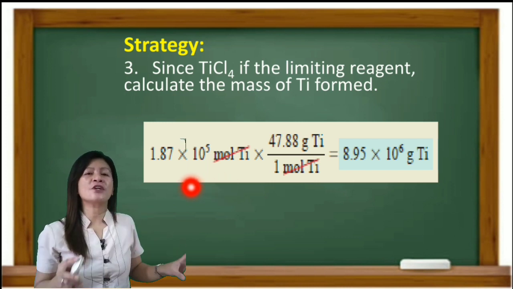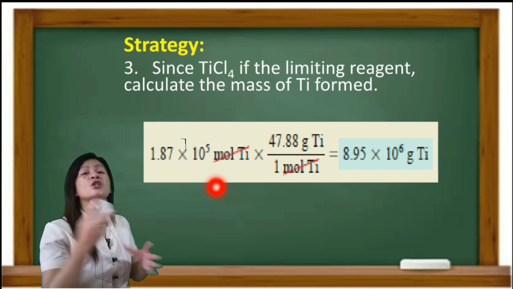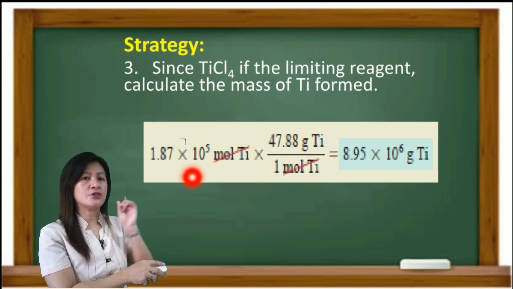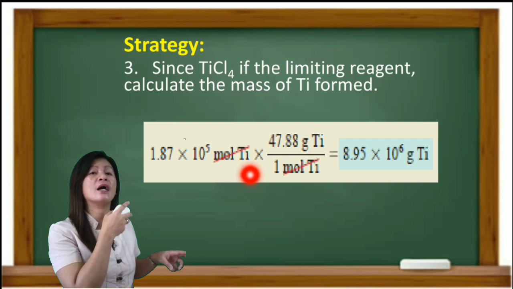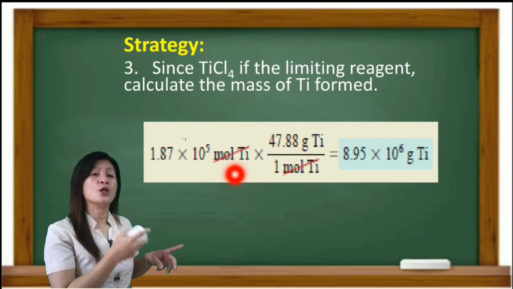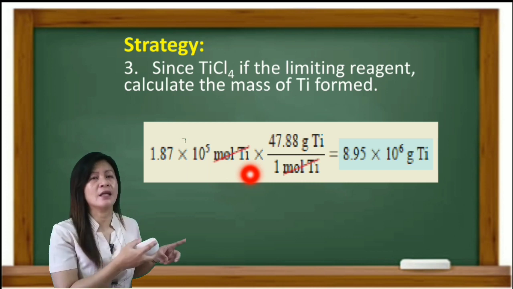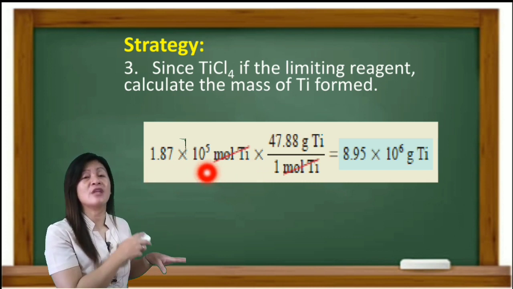We don't need to start from the given amount of titanium 4 chloride, because we have calculated in the first strategy the amount of titanium that can be produced from the initial amount of titanium 4 chloride, and that is 1.87 times 10 raised to 5 moles of titanium.